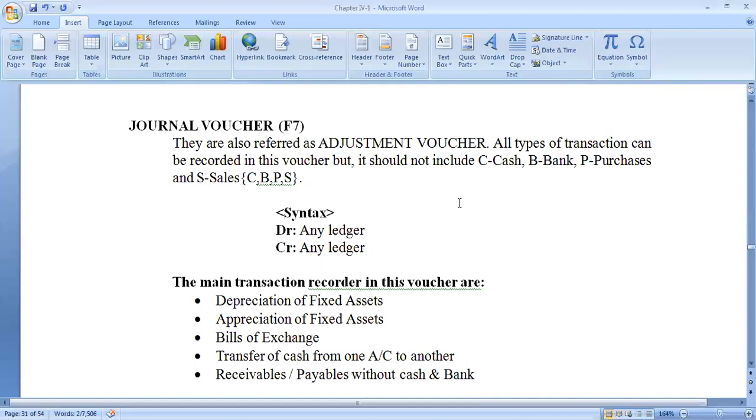Any kind of depreciation provided, any kind of goodwill written off, or any kind of bad debts written off will be entered under the journal voucher, that is the F7 configuration.